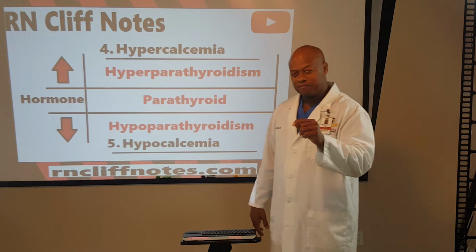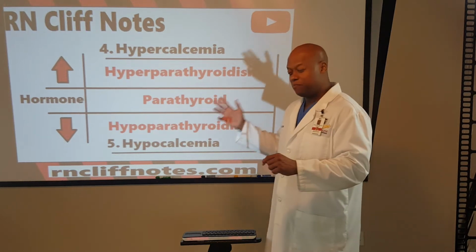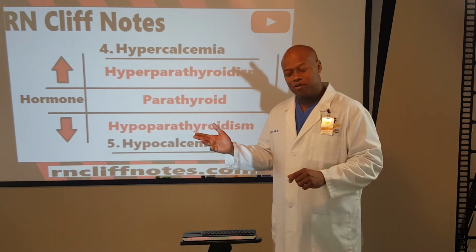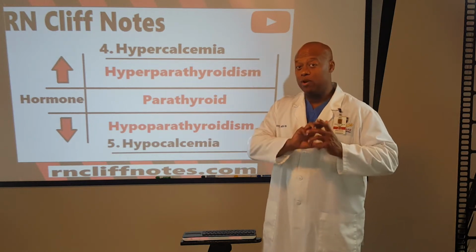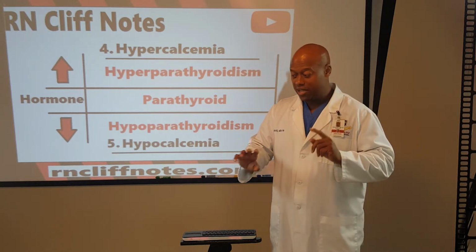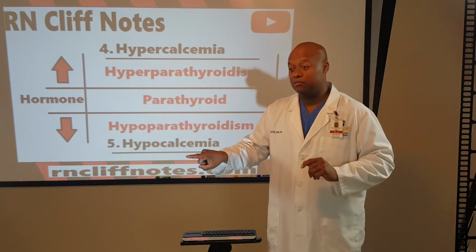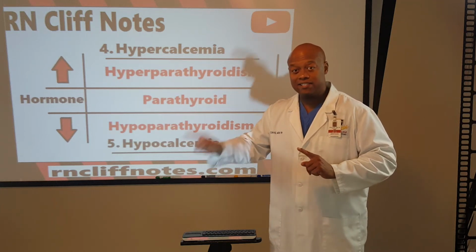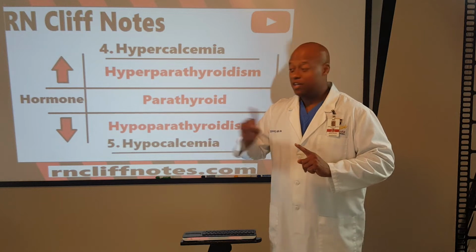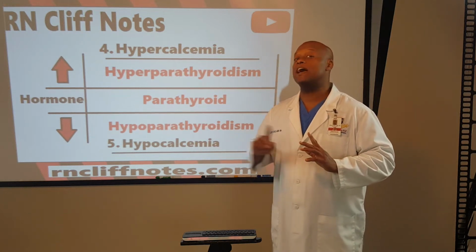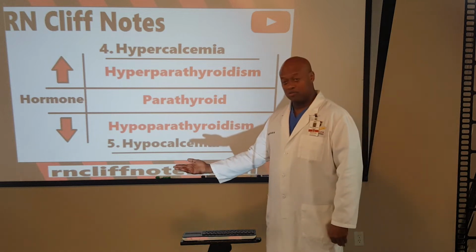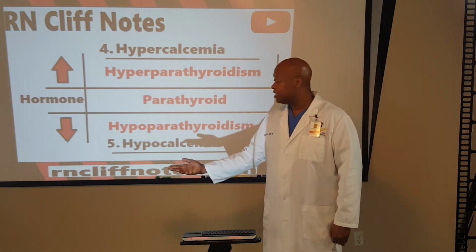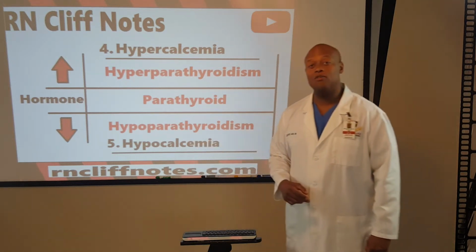So don't forget that we said PTH, or parathyroid hormone. What did it do? It took calcium from the bone, weakened the bone in terms of calcium, and sent it out into the bloodstream. So the more active that is, if that's hyperactive, what happens? Then they wind up with hypercalcemia. Right. But the other way is true. If it's underperforming, then they wind up with hypocalcemia.